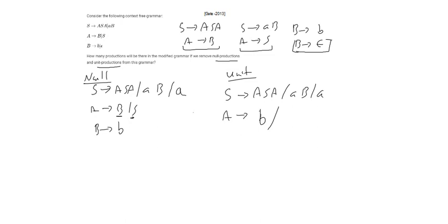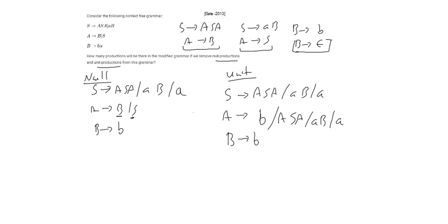We have to replace it, so S will be replaced with its production rule: ASA slash AB slash small letter a. Now basically capital B implies b.